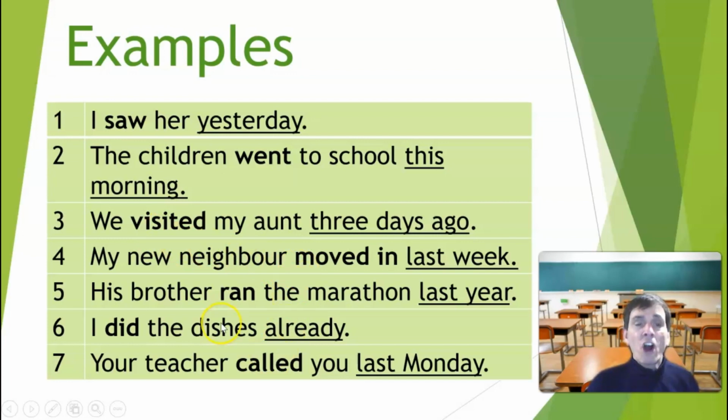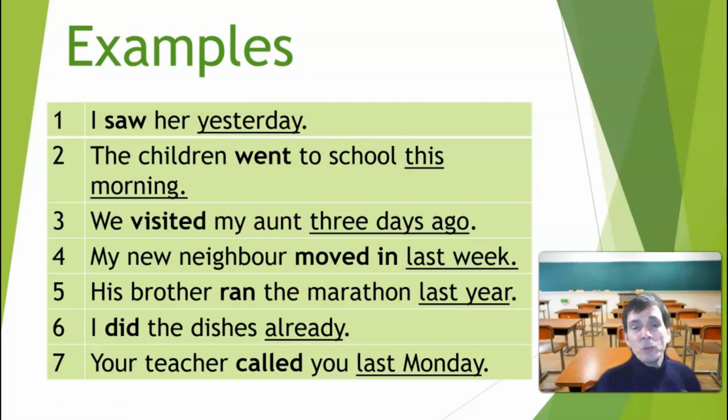And the others are simple past irregular forms. Now, we have time expressions at the end of each of these. We've got yesterday, this morning, 3 days ago, last week, last year, already, and last Monday. So these are good to have because they tell us when the action happened.